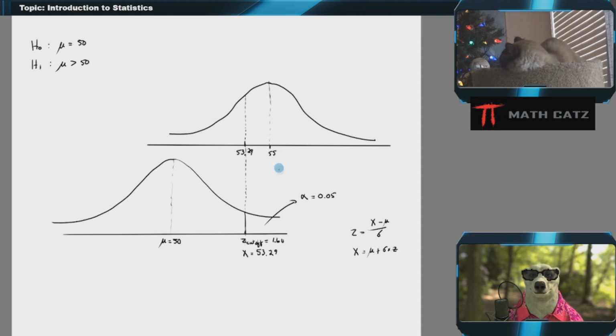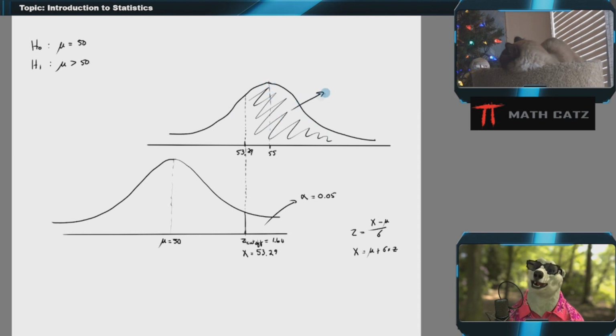But I'm going to reject it for all of these scores. And that would be the correct decision. If the null hypothesis is false, and this is my best guess for what is actually happening, I'm going to reject as soon as I get a raw score past 53.29. But in truth, the probability of that happening is based on this curve over here.